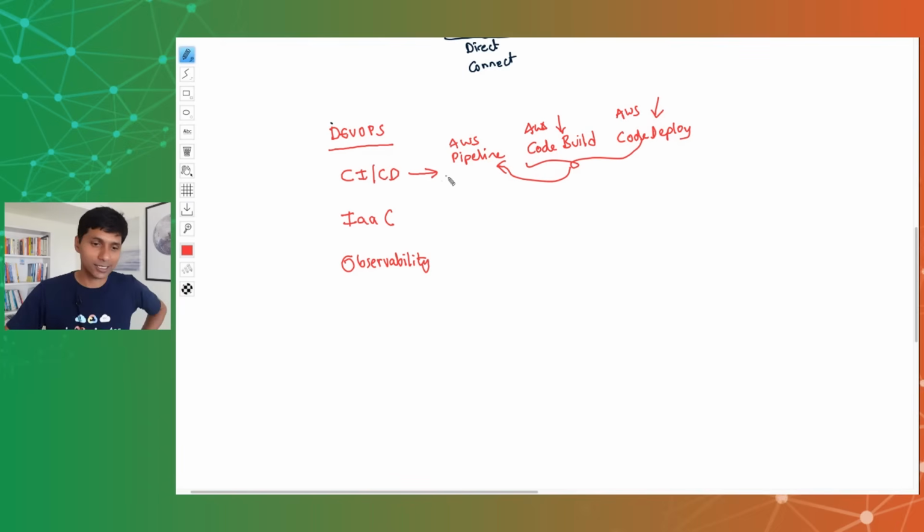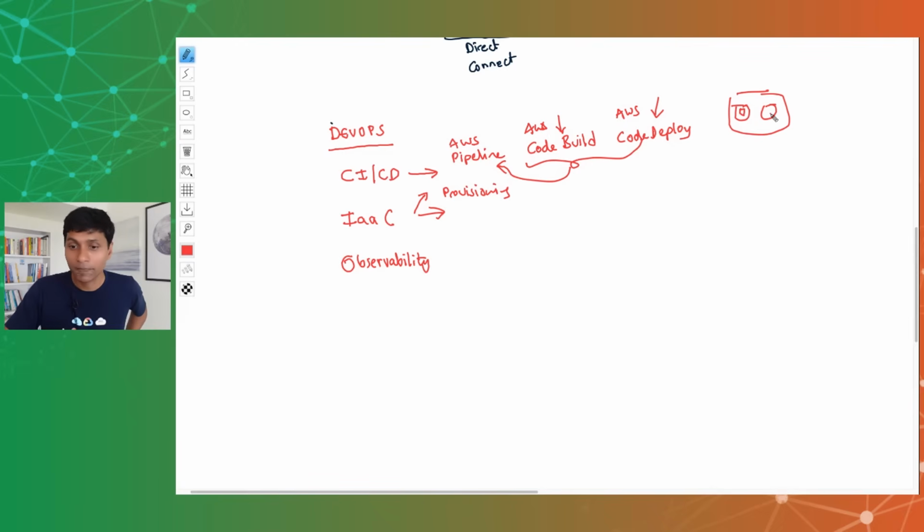Now, infrastructure as code typically has two parts. One is provisioning the infrastructure. So let's say earlier we talked about creating a VPC, creating subnets, creating an application, maybe an EC2 instance or Elastic Beanstalk, and maybe creating a database, and then allowing them to talk to each other, configuring the rules related to that, right?